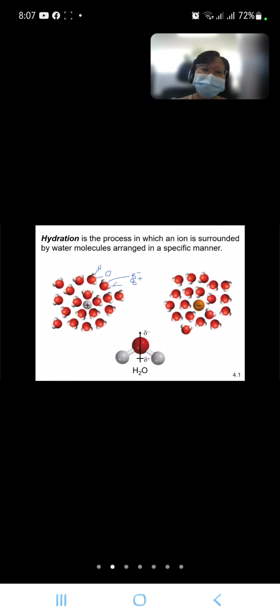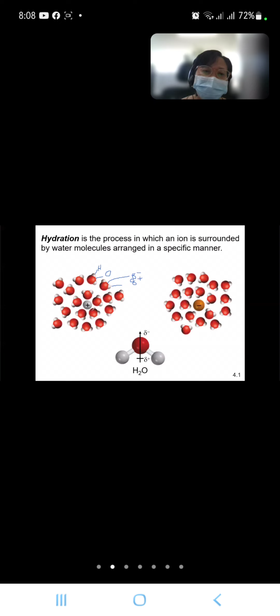And because of that, since oxygen becomes partially negative, oxygen is attracted to the cation. In this case, we consider sodium chloride as our strong electrolyte, which is dissolved in water. So oxygen is attracted to the cation, which is the sodium ion.